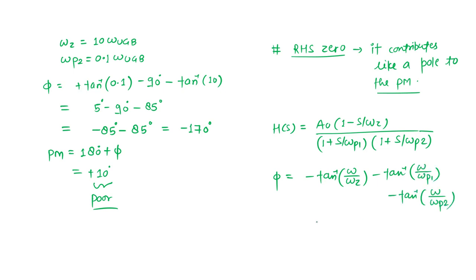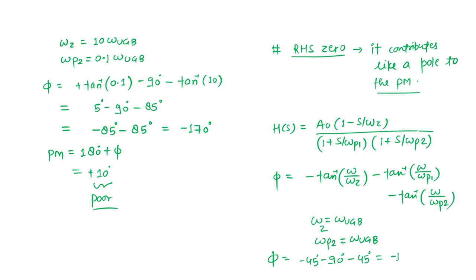Even if I consider that my zero is at omega UGB and my omega p2 is also at omega UGB, which is the case we considered first, previously they were cancelling each other and the phase margin was coming 90, but here they are not cancelling. Actually, they are both contributing minus 45.